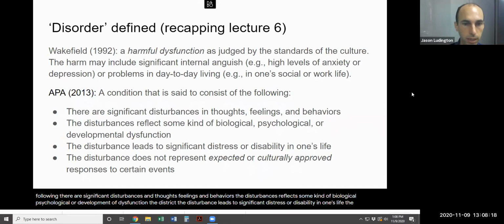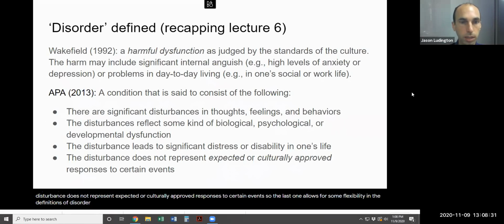The disturbance does not represent expected or culturally approved responses to certain events. So the last one allows for some flexibility in the definitions of disorder across cultures, because some cultures will disagree with others about what represents an approved or expected way of expressing normal or abnormal behavior.